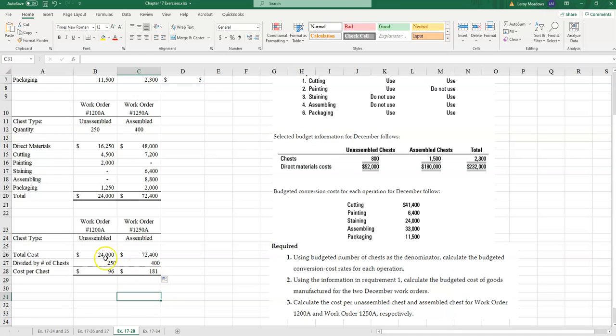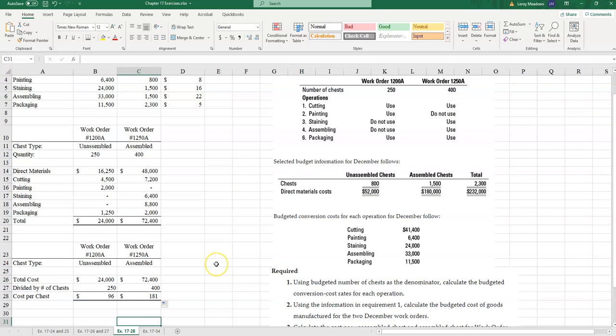Total cost divided by the total number of units in that work order to get us a cost per unit in that work order. So this is an example of operations costing. And remember, operations costing is really a hybrid between job costing and process costing. So we saw both of these in this situation.